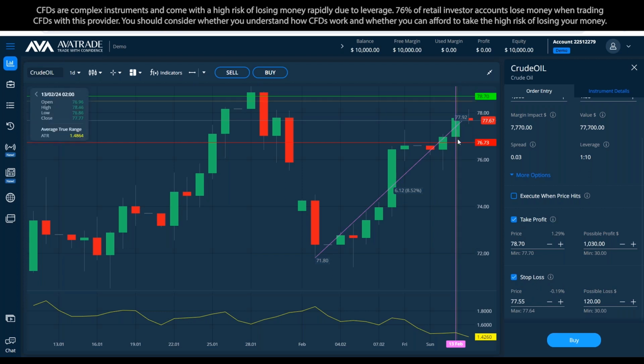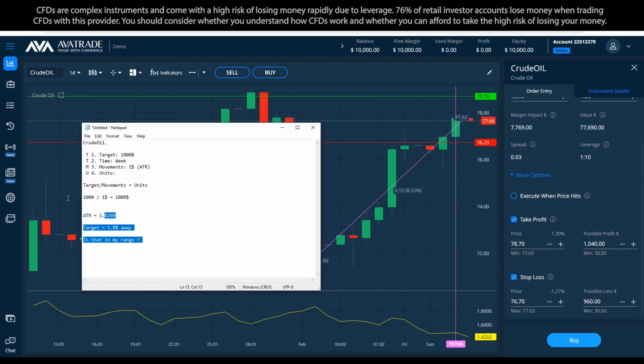Let's try the same formula for the other side. So 77.7 to 76.7. Okay then. Not bad. Not bad at all. Okay. Just a second. Okay.